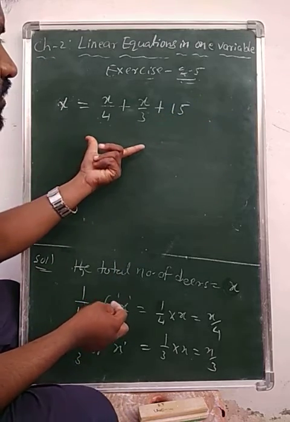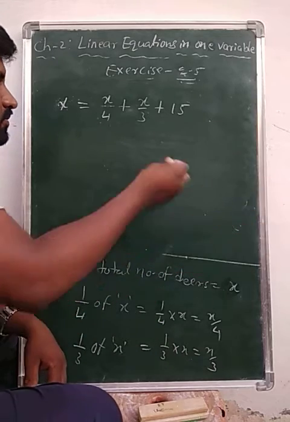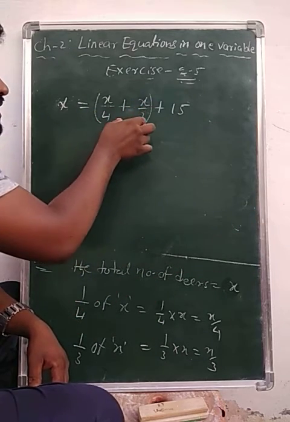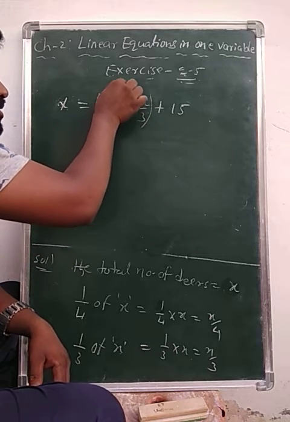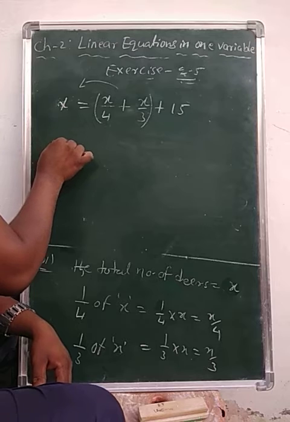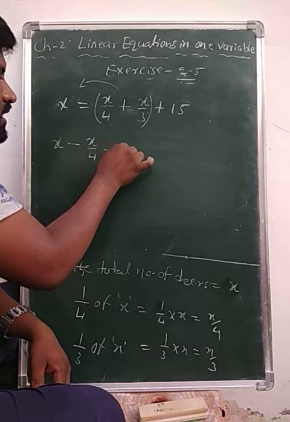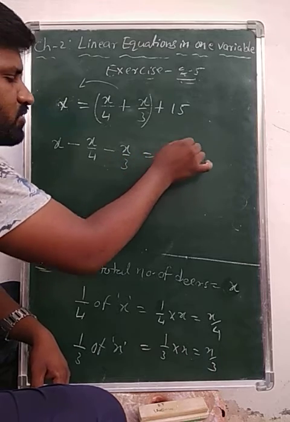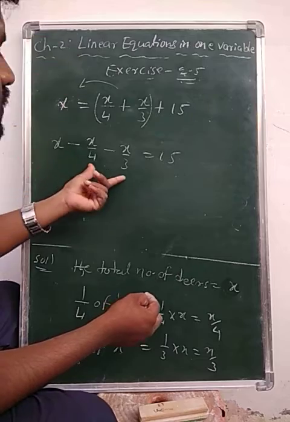Okay, so this is the required equation for us. Now what I am doing here, I am transposing these two, x by 4 plus x by 3, to LHS side. So x minus x by 4 minus x by 3 is equals to 15. That is, these plus quantities on the LHS side become minus quantities.